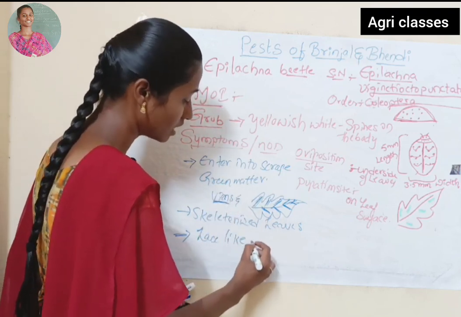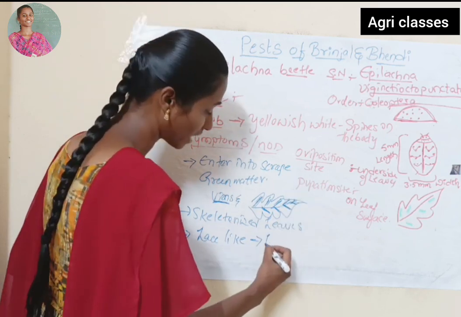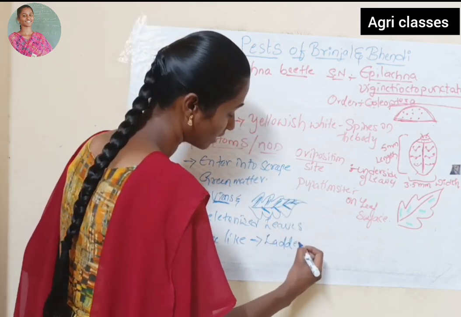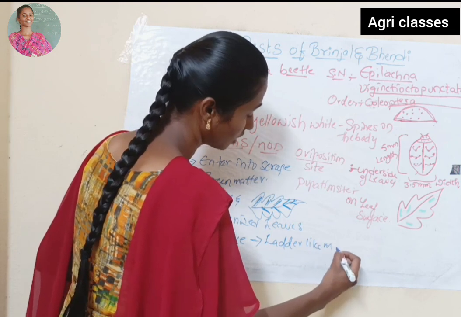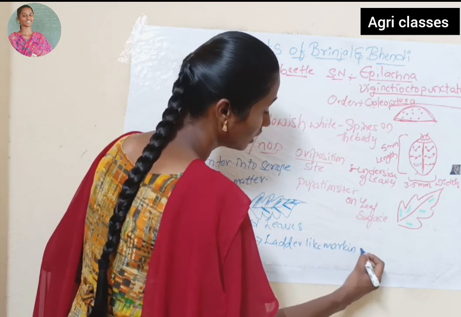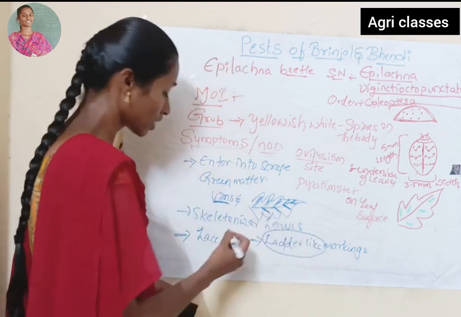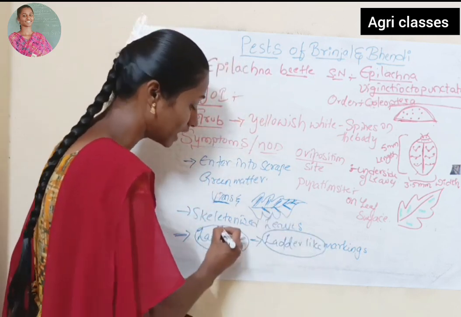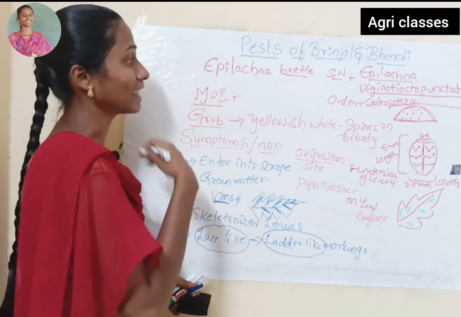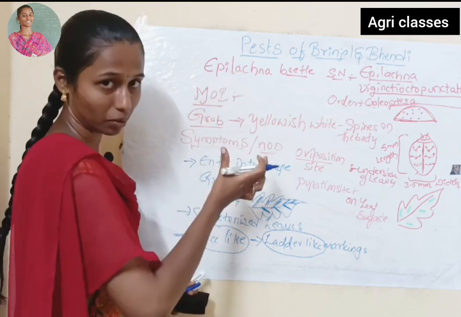Lace-like appearance. This is also called as ladder-like markings. So here the main important symptom is ladder-like markings or lace-like appearance on the leaves due to the attack of which beetle? So Epilachna beetle.